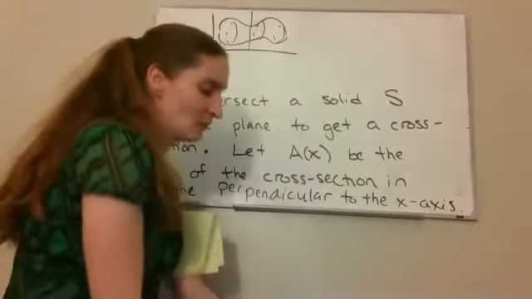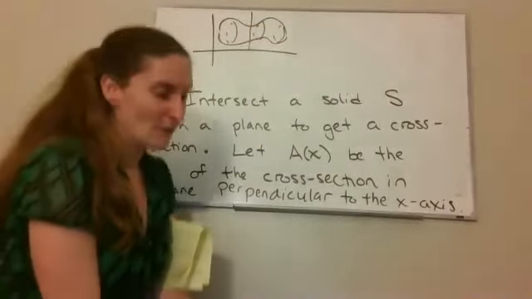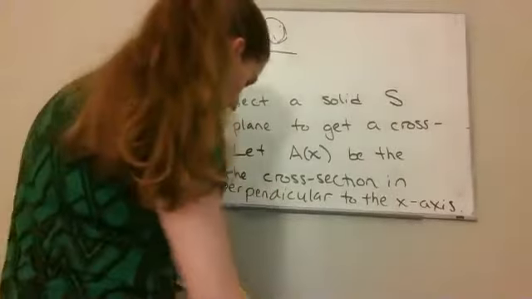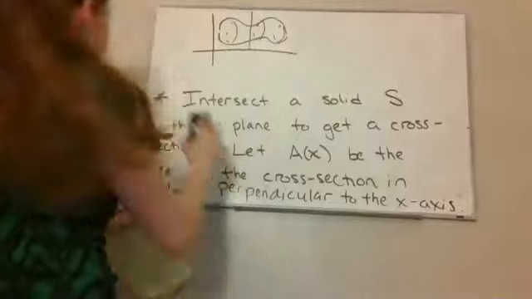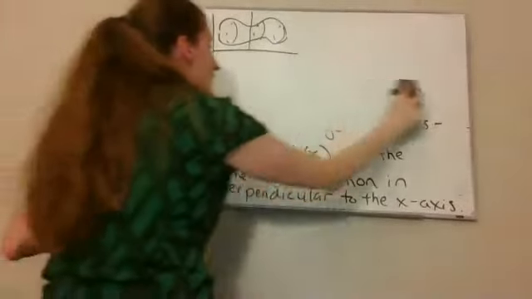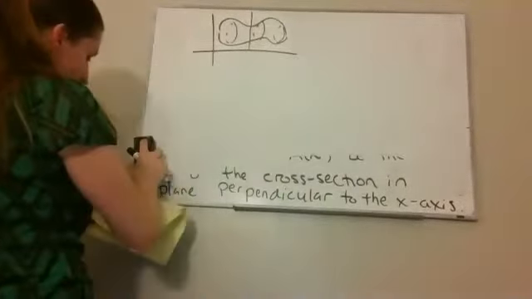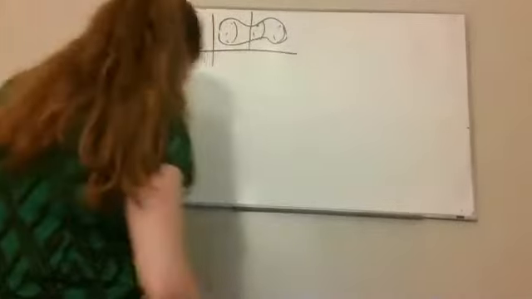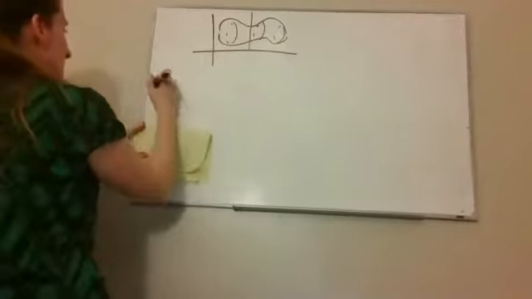So just imagine slicing up a loaf of bread, finding the area of the face of the bread. All right, so we're going to partition our whole interval into n sub-intervals. So we have n slices of our bread.